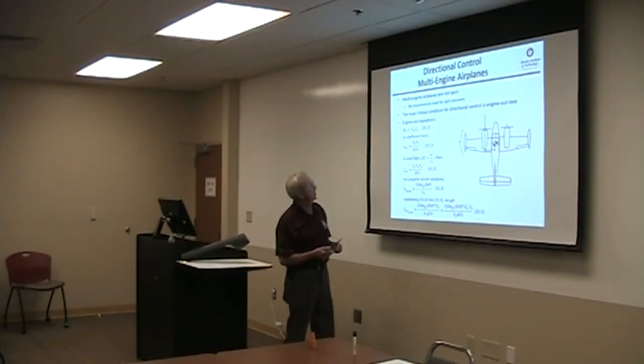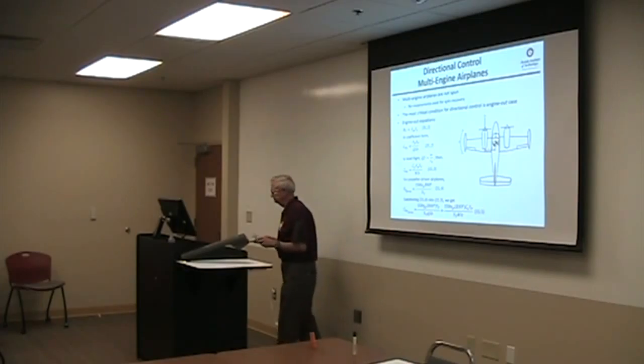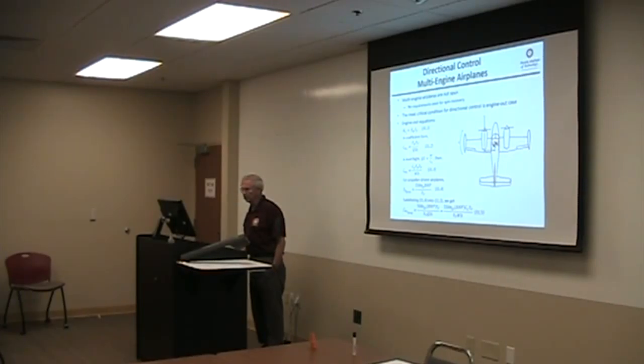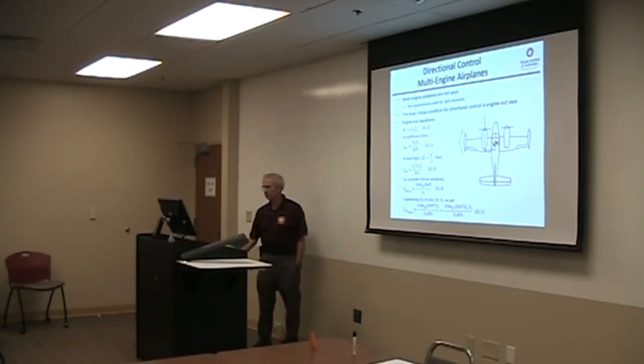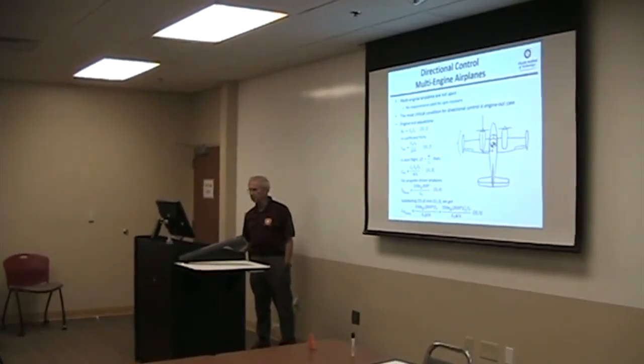However, we have a case where we may lose an engine. And so here we have the yawing moment due to an engine failure. The thrust of the operative engine times the distance out from the center line produces this yawing moment. The right engine has failed. It's out. This one is still operating.